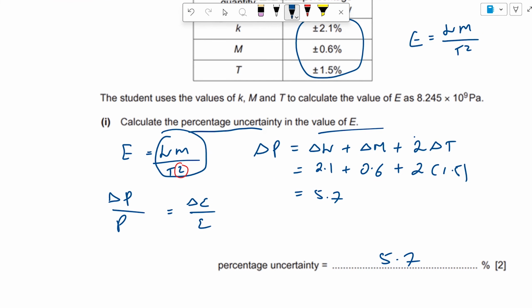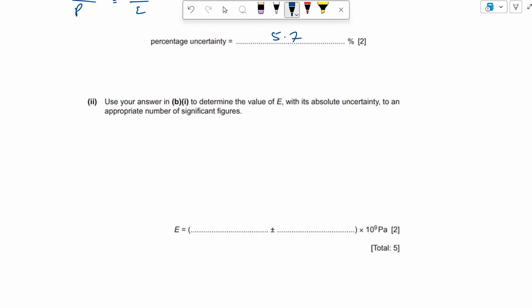Done. Okay, so in the final question, we need to find the value of E, and we can find that by simply writing delta E over E is equal to delta P over P, making delta E the subject formula.